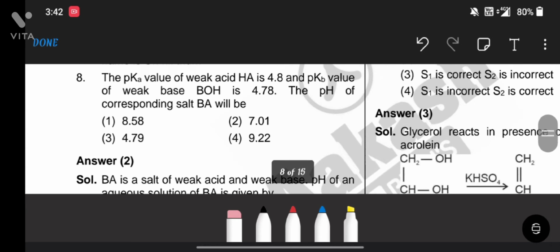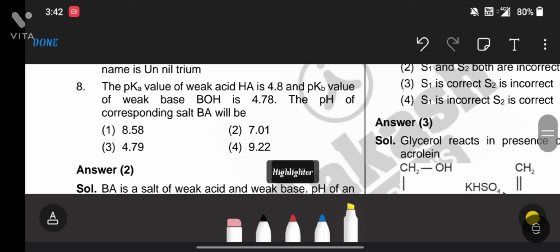So 7.01 is the pH of the corresponding salt BA. Therefore the correct option is option B. Question number 8, the answer is option B, 7.01.